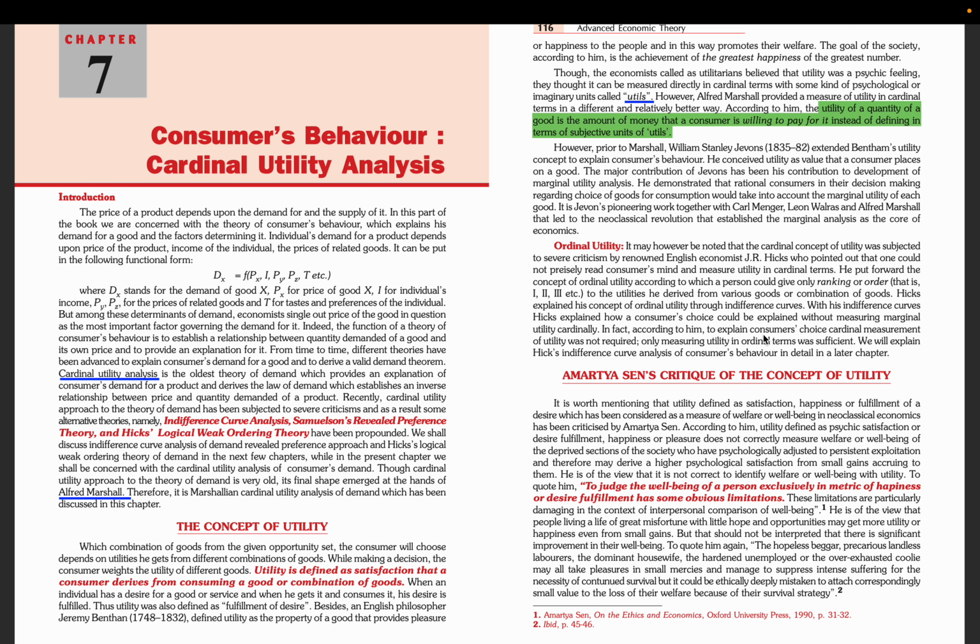Amartya Sen's critique of the concept of utility. It is worth mentioning that utility defined as satisfaction, happiness, or fulfillment of a desire, which has been considered as a measure of welfare or well-being in neoclassical economics, has been criticized by Amartya Sen.